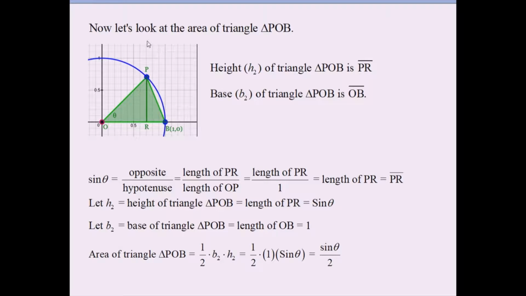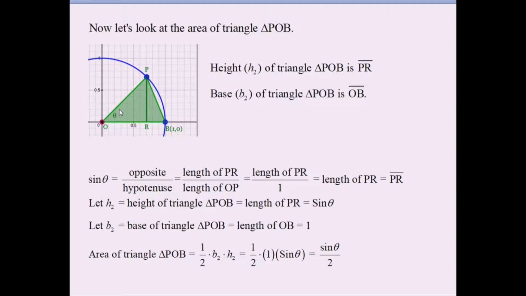And then for the area of the small triangle, if we look at the triangle POB, the base will be OB, the height will be PR. Also notice that inside the triangle POB, we have the right triangle POR.